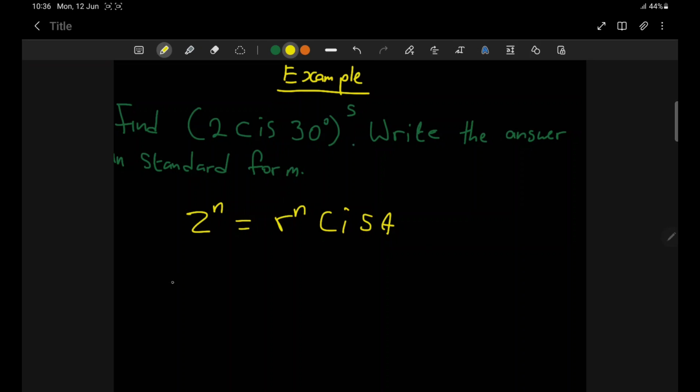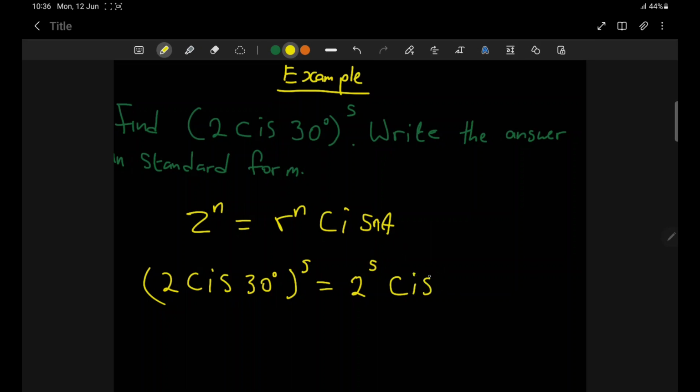So we're saying 2 cis theta, this has been raised to 5. So 2 is our r, and 30 degrees is our angle. So we'll have 2 raised to 5, then cis.